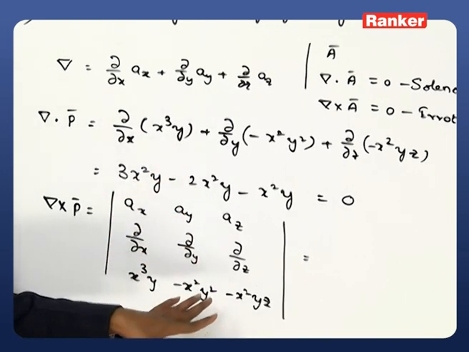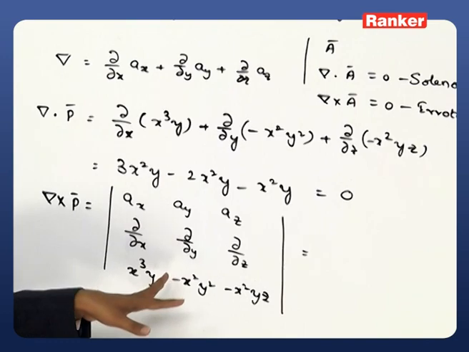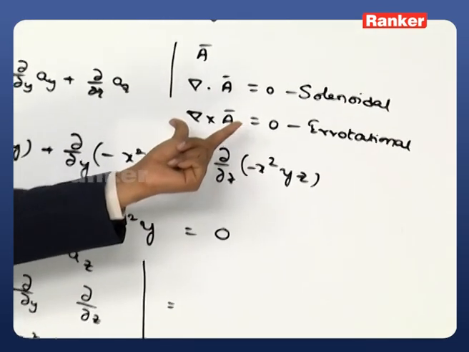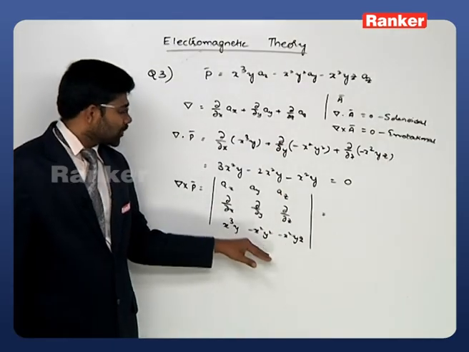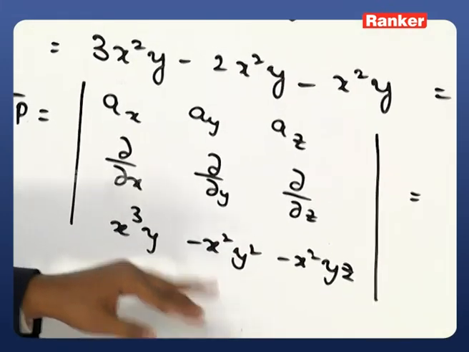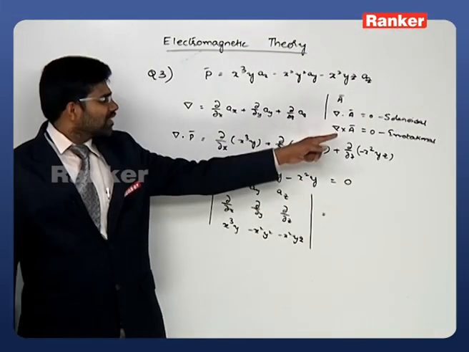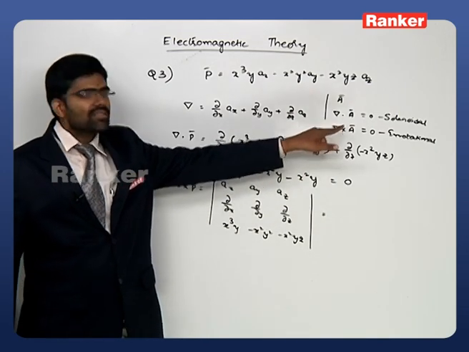If any one of these three is not 0, then immediately you can say that it is rotational, since we are getting a curl. So just observe for the non-zero property: if del cross P is not equal to 0, immediately say that it is rotational. If it is equal to 0, immediately say that it is irrotational.